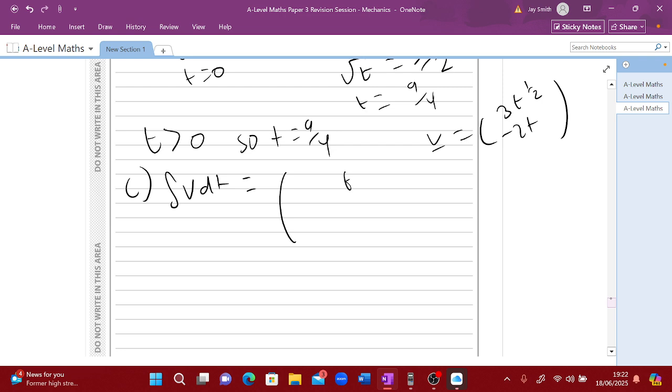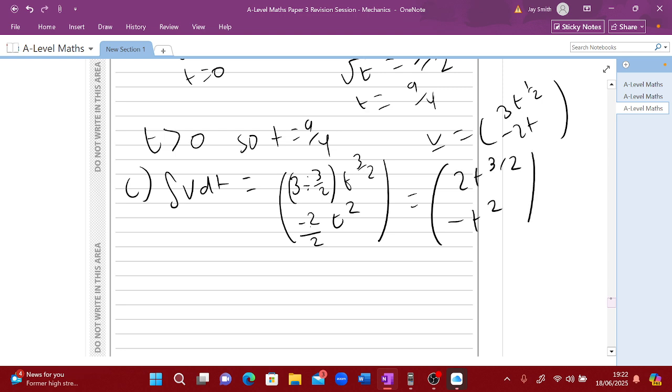So that's t to the 3 over 2, and then we divide by the power. So 3 divided by 3 over 2 is the new coefficient. Then minus 2t will integrate to t squared, and we divide minus 2 by 2. So 3 divided by 3 over 2 will get me 2t to the 3 over 2 and minus t squared.